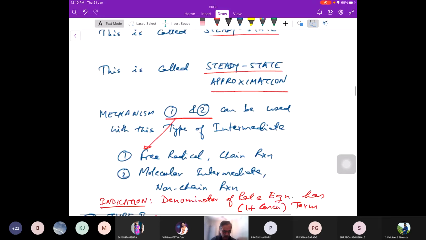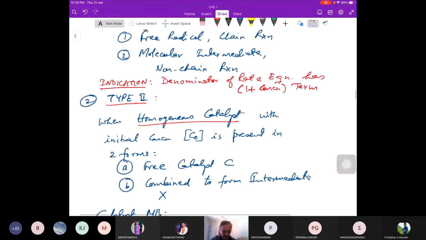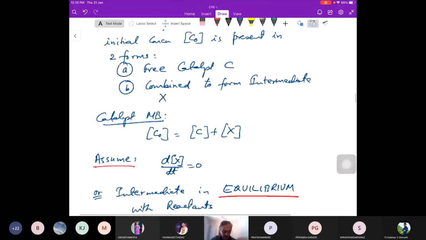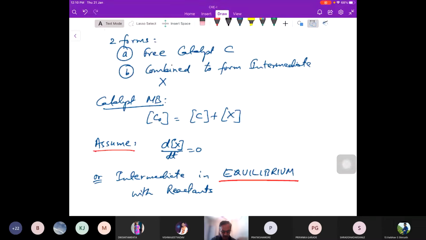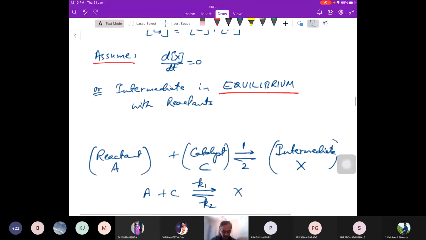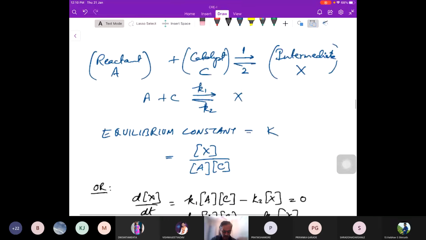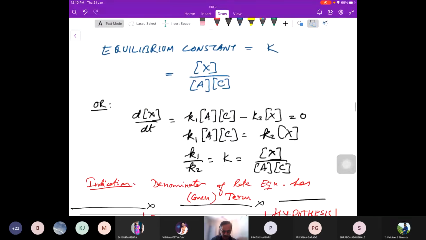And the second one is type 2, where we assume equilibrium of the intermediate, and in this case the indication is the denominator has only a concentration term instead of 1 plus concentration term. Okay, so in that case we can assume type 2 intermediate.